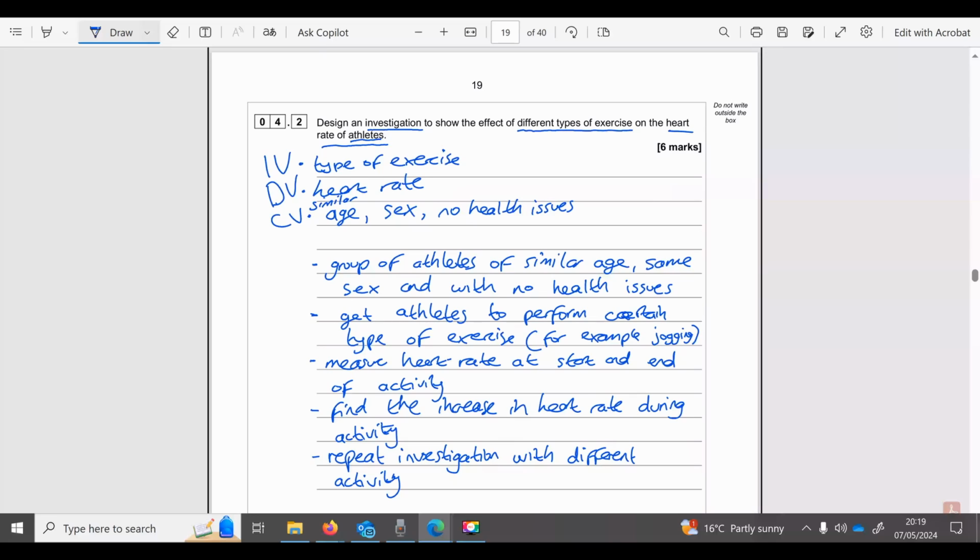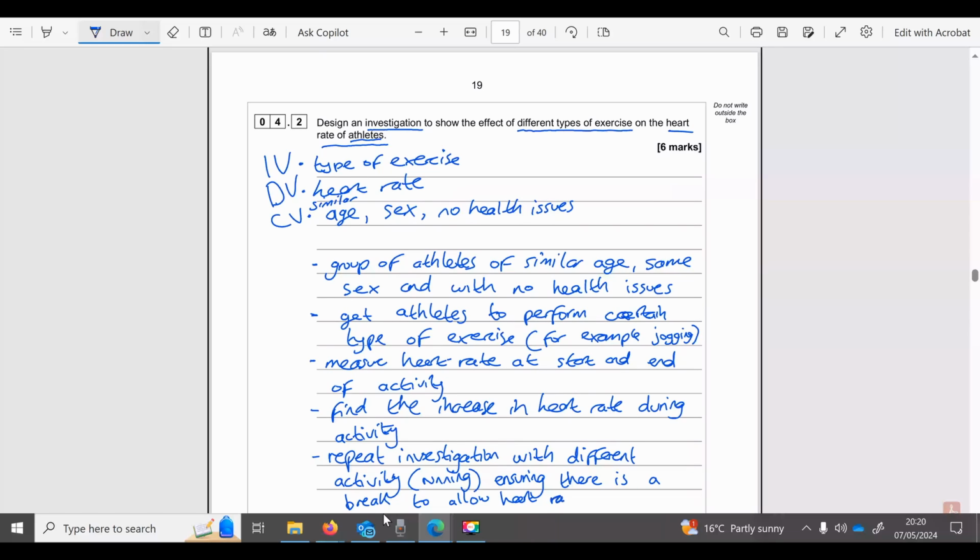But we have to then think, if our athletes have done some jogging and then we have measured their heart rate, right after the activity their heart rate is going to be high. If we then immediately get them to do the next activity, it's going to be difficult to compare because their heart rate would have already been higher than at the start.